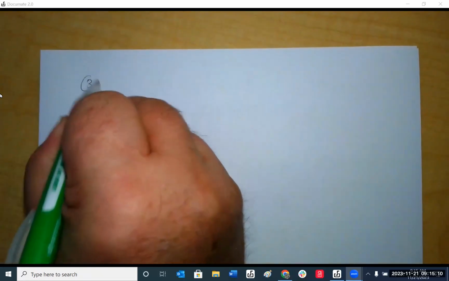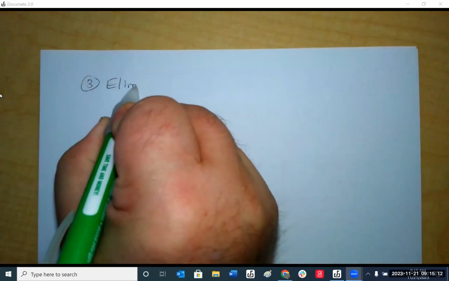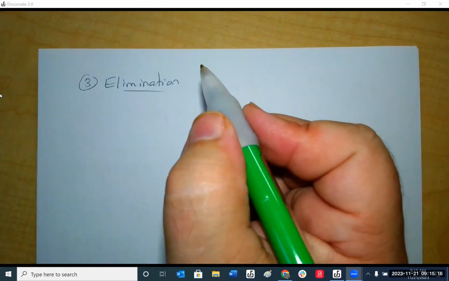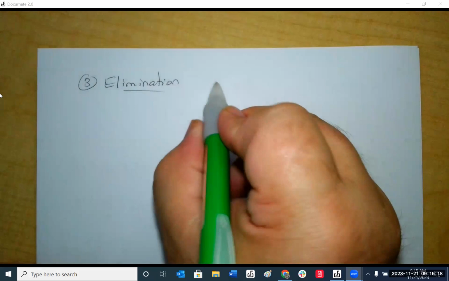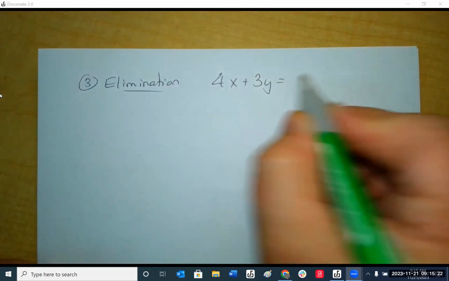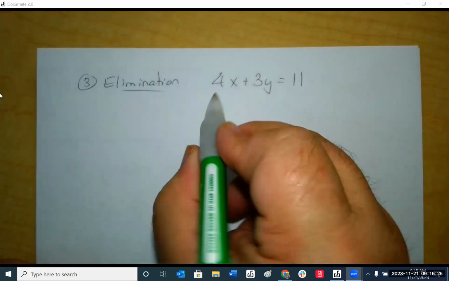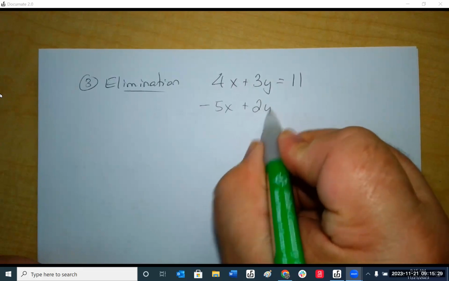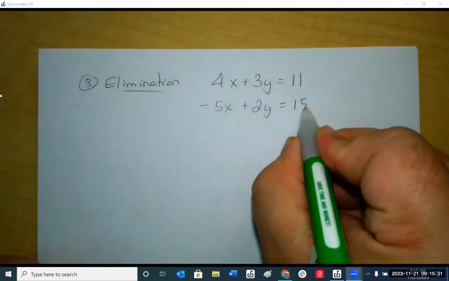Now let's do the elimination. We have 4x plus 3y equals 11, and -5x plus 2y equals 15.